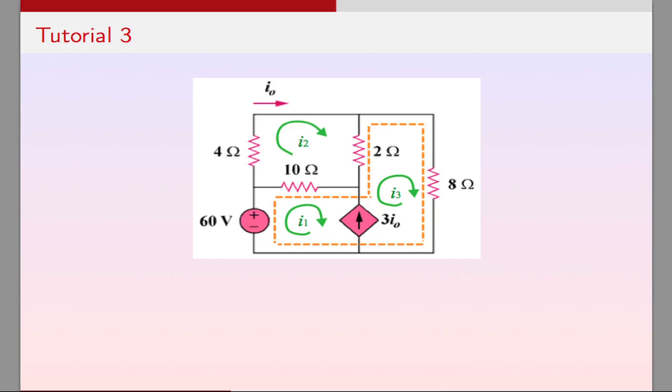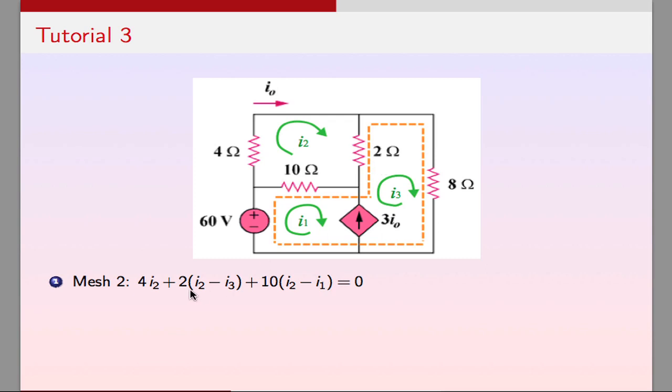Notice that mesh 2 has 3 branches. Therefore, the mesh current equation must have 3 terms. Let's look at the equation for mesh 2. First, we multiply 4 by the current I2, and then plus 2 times the difference between I2 and I3, because for the 2 ohm resistor there are 2 mesh currents that pass through this resistor.